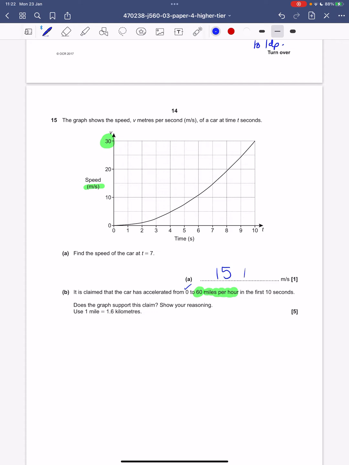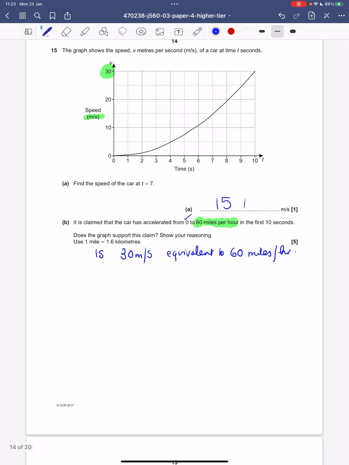So we need to know, is 30 metres per second equivalent to 60 miles per hour? Okay, so 30 metres per second. If we multiply it by 60, that's going to give us 30 times 60. That's 1,800 metres per minute.